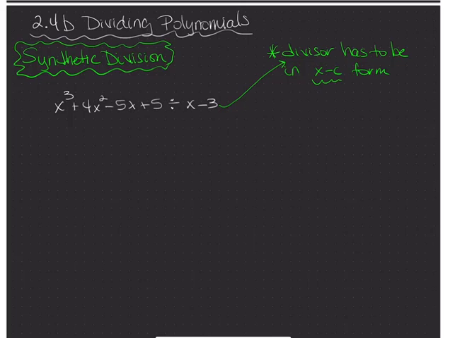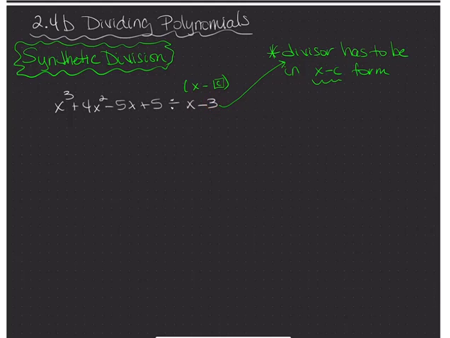What I like to do is actually write it out, like this needs to be our x minus, and I put the c in a box. I think that helps us make sure we figure out if our c is supposed to be a positive or a negative number. So when I look at this problem, my x, my minus, and then my c has to be a 3.